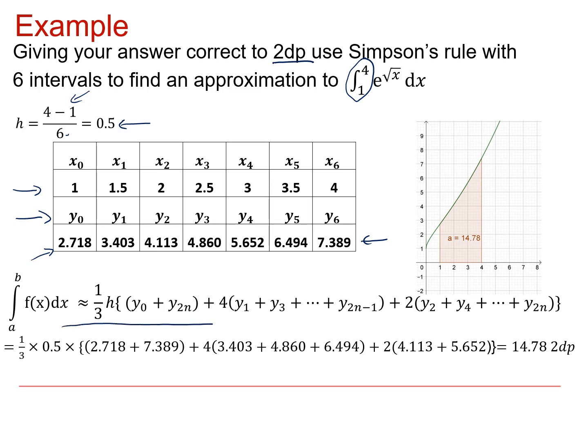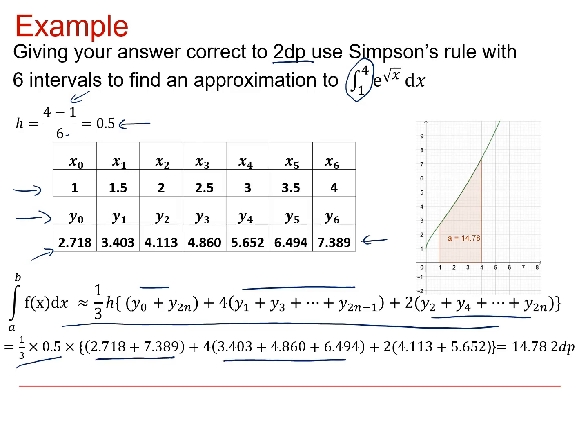Here's my formula: a third of h times the end ordinates plus 4 times the odds plus 2 times the remaining evens. So here are my end ordinates, my odd ordinates, and the remaining even ordinates, and then putting that into a calculator, adding up and recording to 2 decimal places give me 14.78.